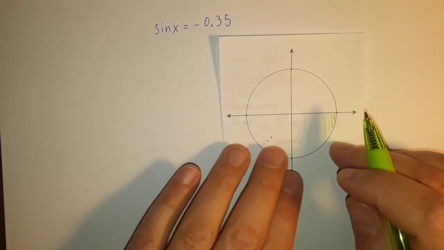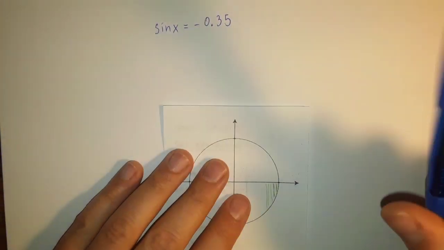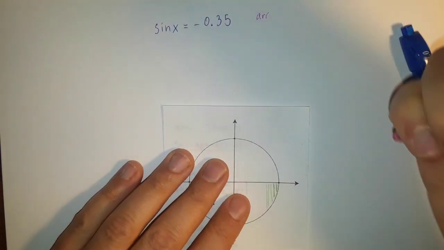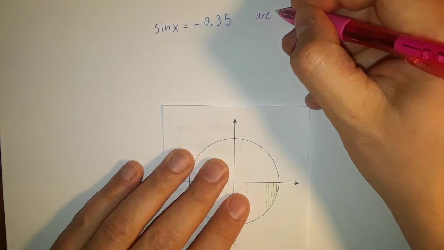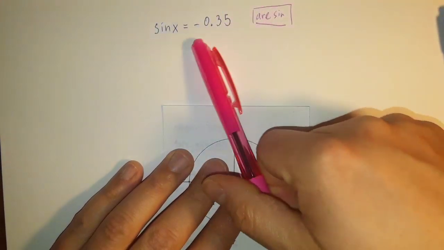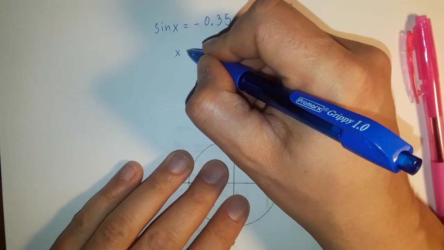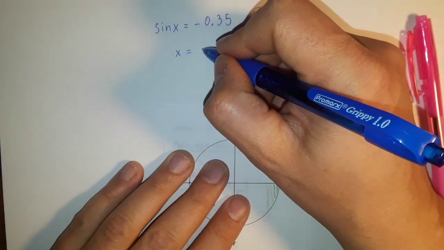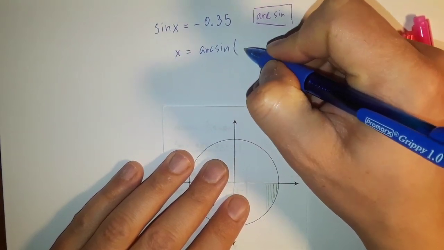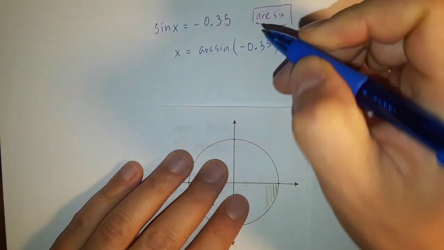So let's solve the equation first. What we're gonna do to both sides is arc sine both sides. When we apply this to both sides, what we have is arc sine of negative 0.35, right?